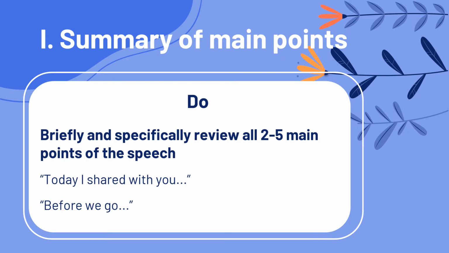Or maybe even something like, before we go, I want to remind you of 1, 2, and 3 main points. However you like to start off the summary, that is the cue to the audience that you're not going to give any new information, but instead you're going to remind them of what they've already heard.